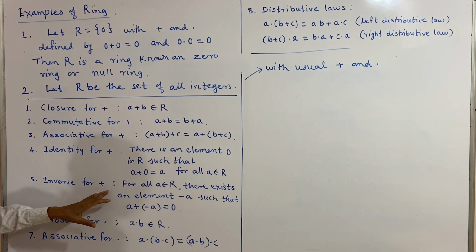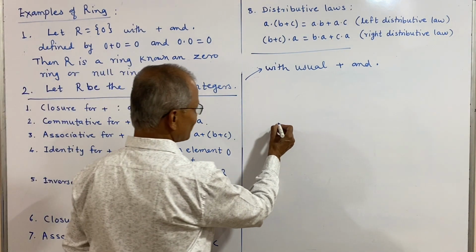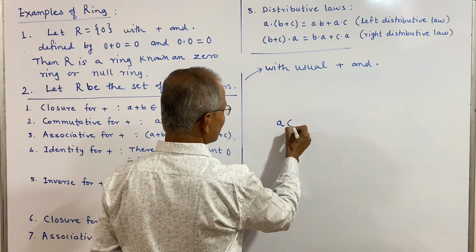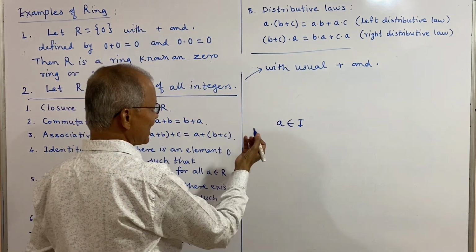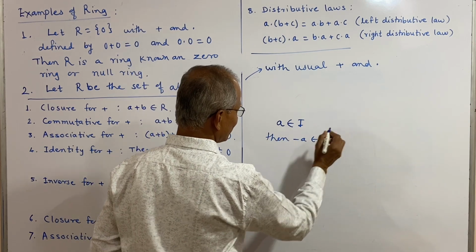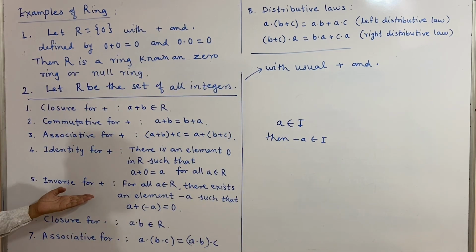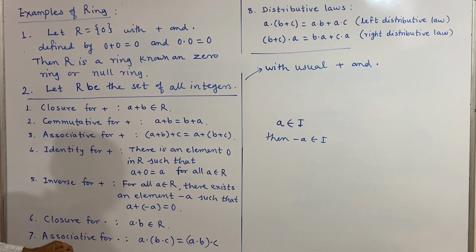Inverse for addition. If a is an integer and it belongs to I, consider the set of integers I, then negative of a is also an integer, and therefore the additive inverse exists, and their addition gives identity element 0.